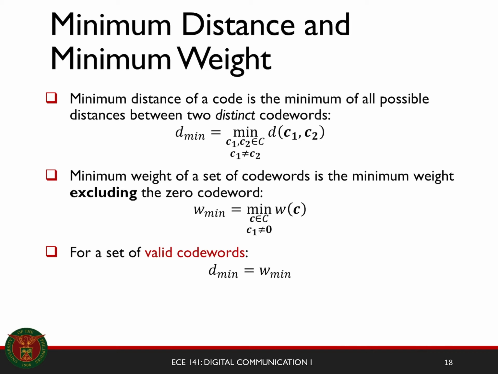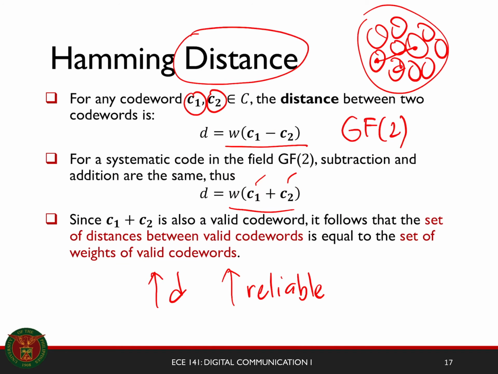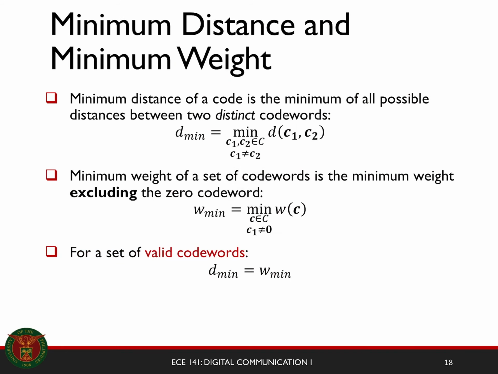So finally, your minimum distance and minimum weight are actually related together. The minimum distance is basically if you take the set of all distances between any combination of two code words from your set, and take the minimum of that set, you'll get the minimum distance. That's what this equation says.